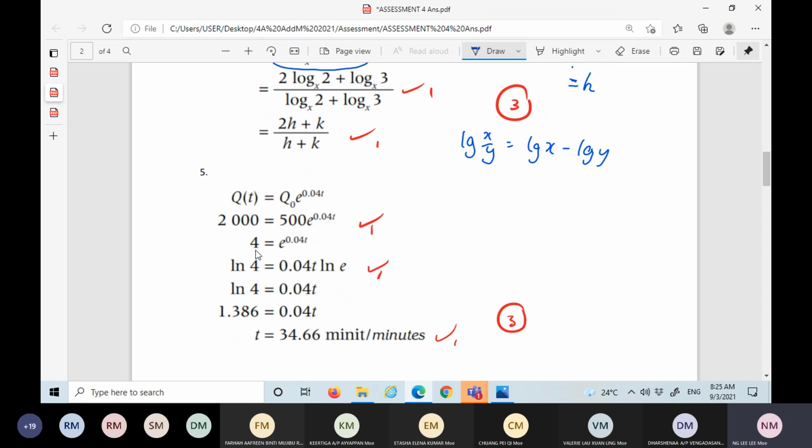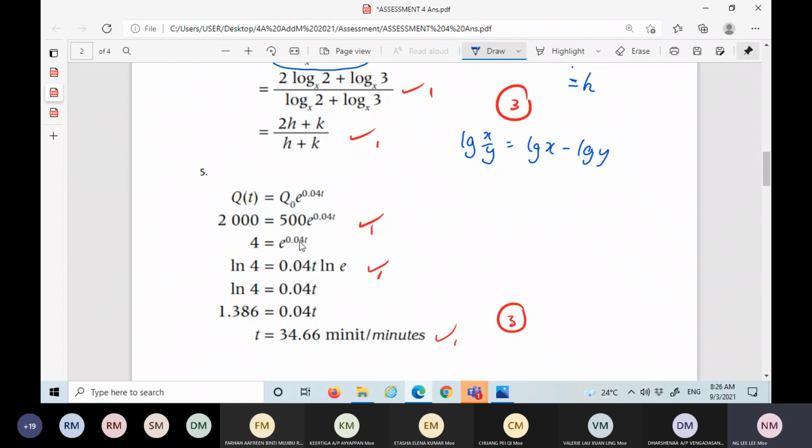For those who want to use log also can, but maybe I'm not sure whether your answer will be different a little bit. If this is a base e exponent, we suggest you to use ln instead of log. So ln both sides.